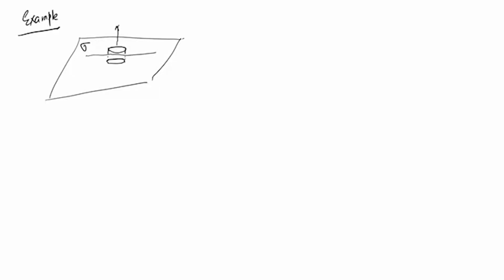The plane goes through in between. For this surface, this is the n cap, and for this other surface, this is the direction of the n cap. And the electric field will be like this in this direction, and like this in this direction.